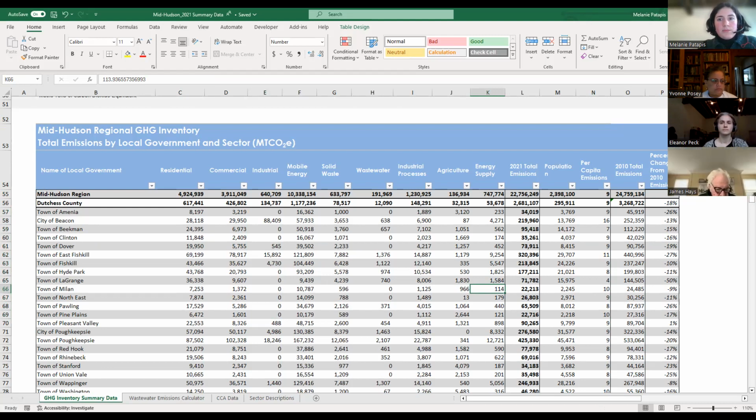Any other questions? Yeah, Melanie, how did you handle, in our village, the homes are all heated with very few exceptions with number 2 fuel oil. We do have some propane and we do have a little natural gas, but most of it's number 2 fuel oil.